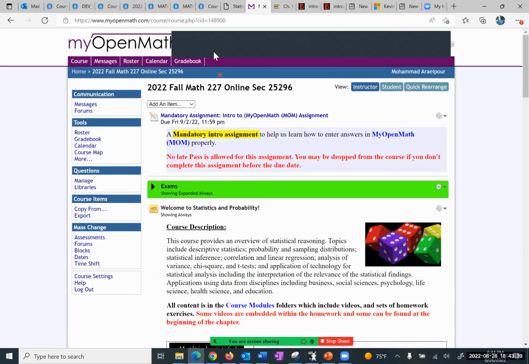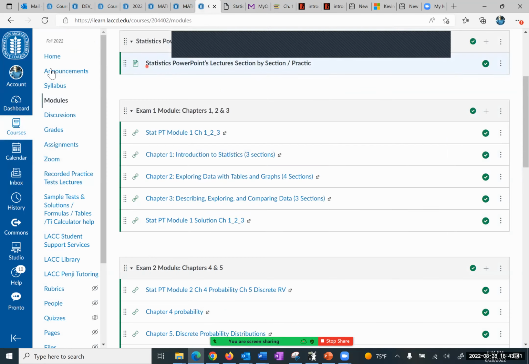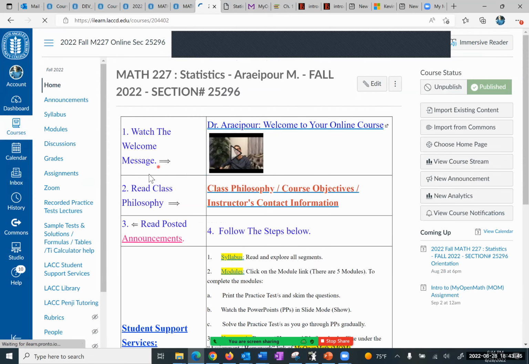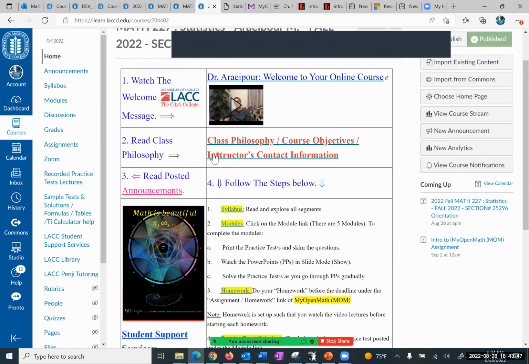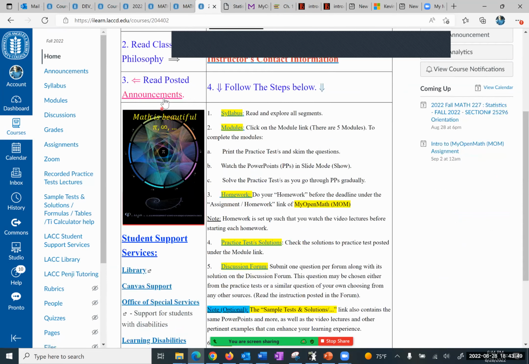So a quick recap for the whole thing. A welcome message, class philosophy, announcements, and everything will be there, including the exam password. We went over the syllabus. Under the modules, you can find the practice test, the PowerPoints, solution to practice test, homework, practice test solution.